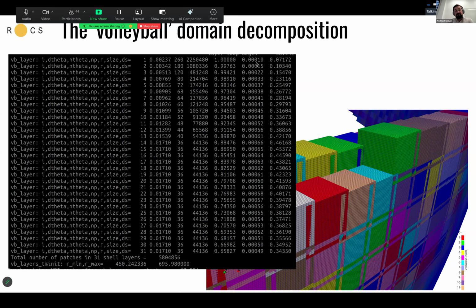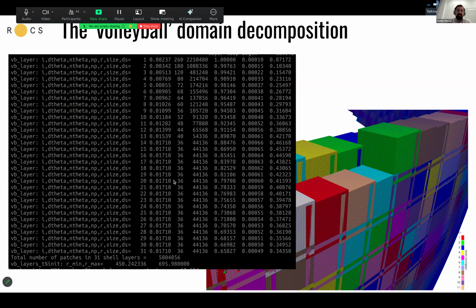Then the next layer is 180, the next is 120, and we reduce the number of angles with the lower radius, so that we loosely follow the local scale height, and that also helps us.